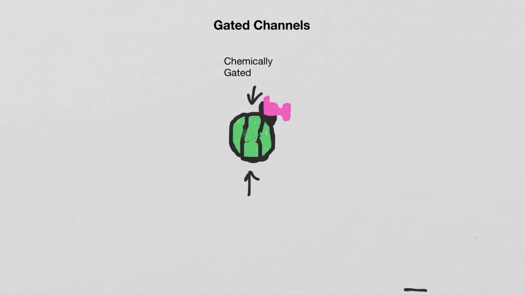Okay, so chemically gated channels, they need to have the correct chemical bind to the active site, which changes the shape, or another way of saying that, changes the conformation of the protein, opening it up, and then ions can move in and out.